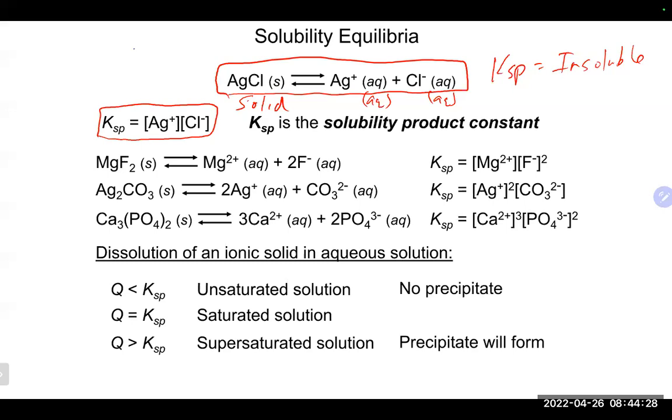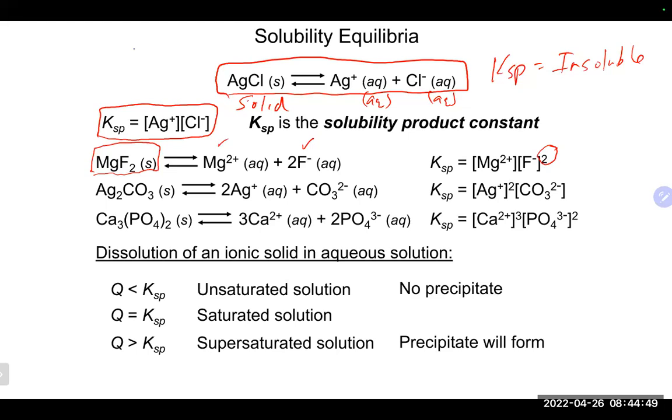Now we do exactly the same thing we do with a normal equilibrium, which means if there is a coefficient, we also use it as the exponent. So when you have something like magnesium fluoride, it will break apart into 1 magnesium and 2 fluorides. So once again, we do need to take that 2 into account when we write the equilibrium expression for it.